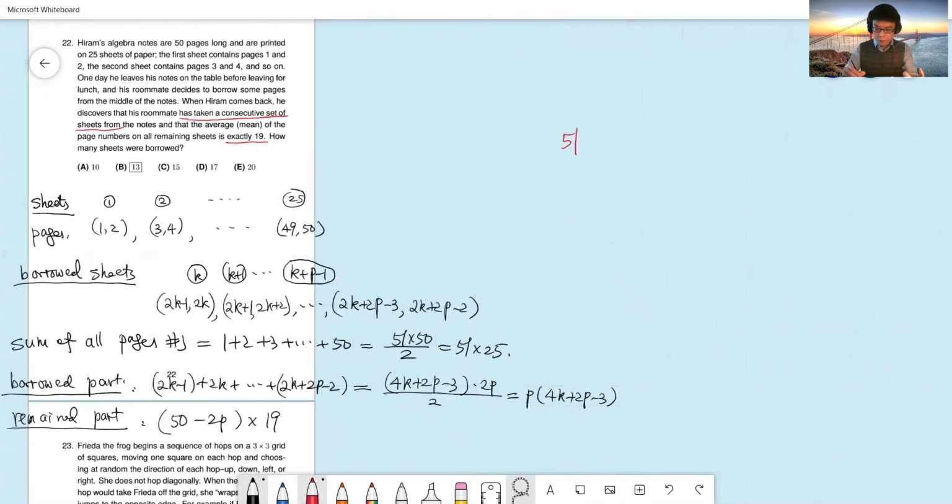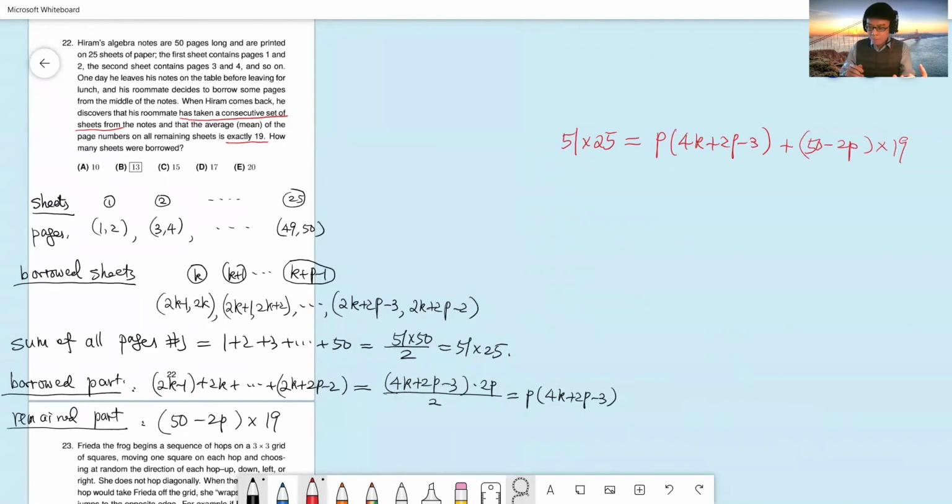The sum 51 times 25 equals p times 4k plus 2p minus 3, plus 50 minus 2p times 19. Both sides equal the sum of total numbers.